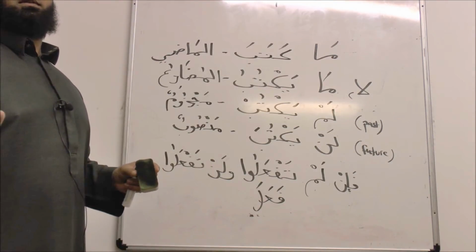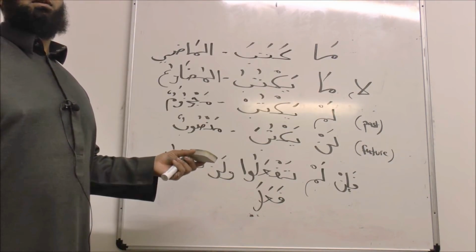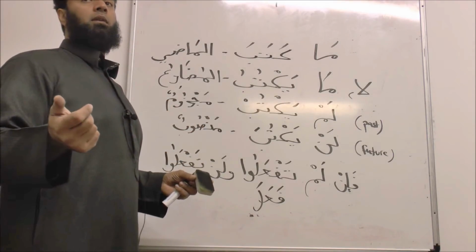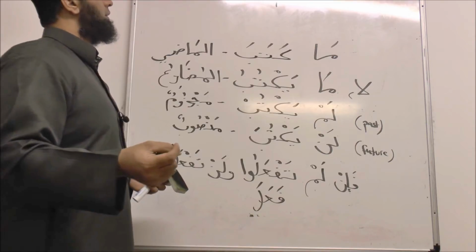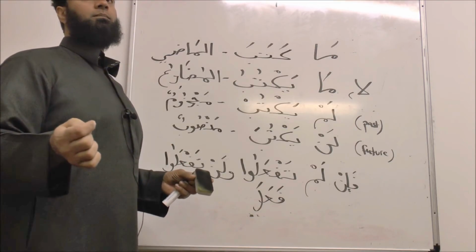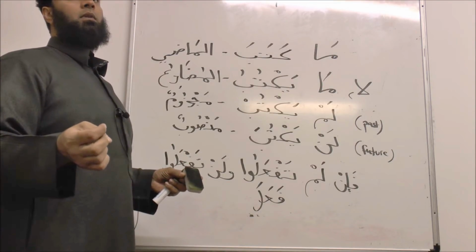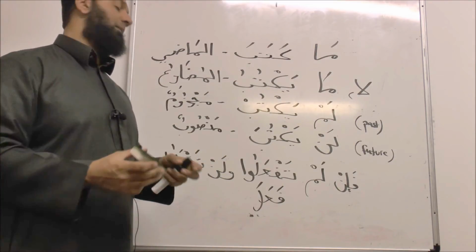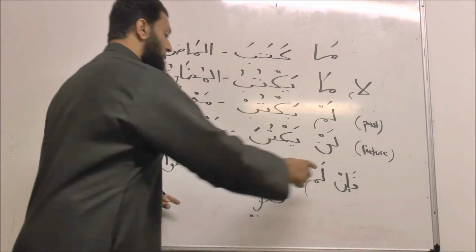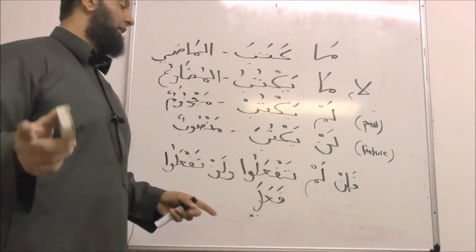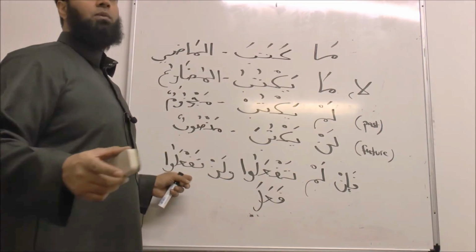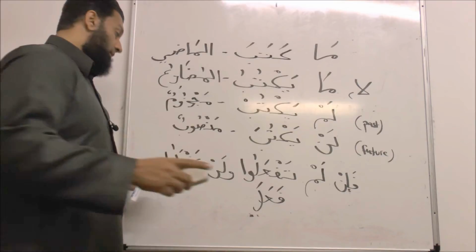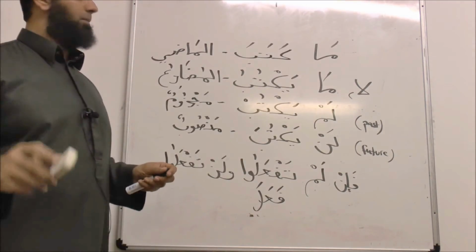So if I was to say kataba plural male, it would be lam taqtulu without the noon. Put the alif there. We're going to mention that, but first of all, I just wanted to introduce this ayah to illustrate that that's majzum and that's mansub. And that's how we formed it, by dropping the noon and replacing it with an alif even though it's not pronounced.